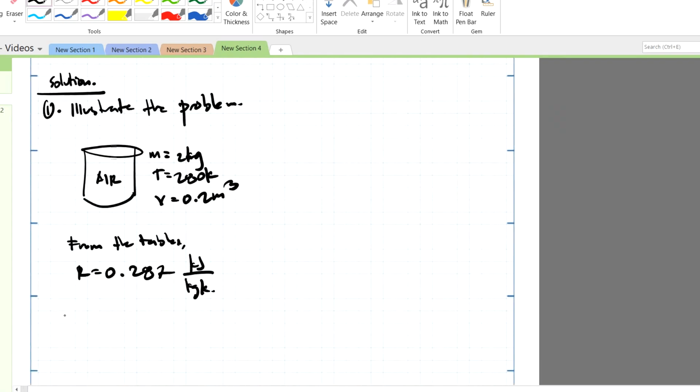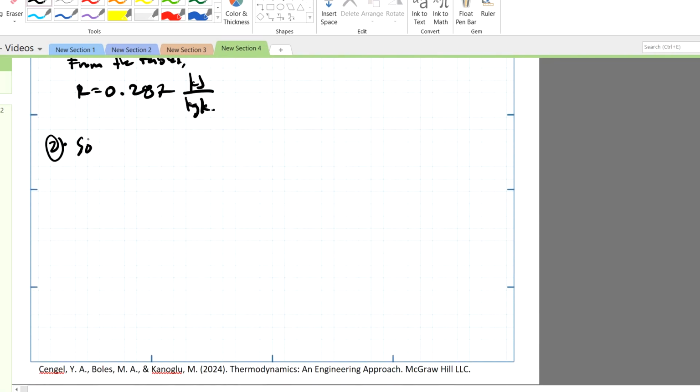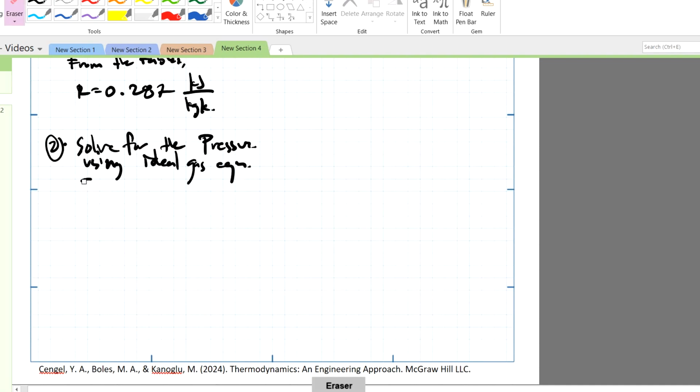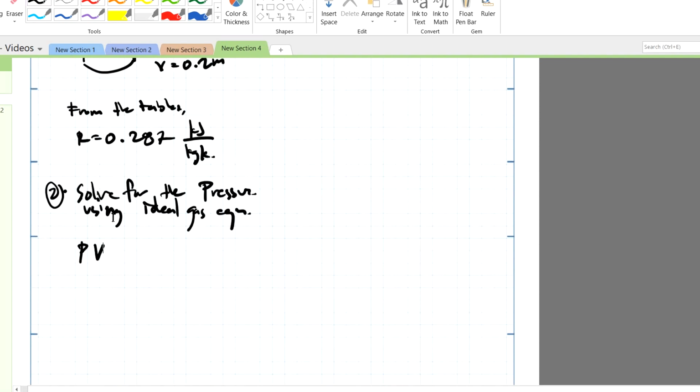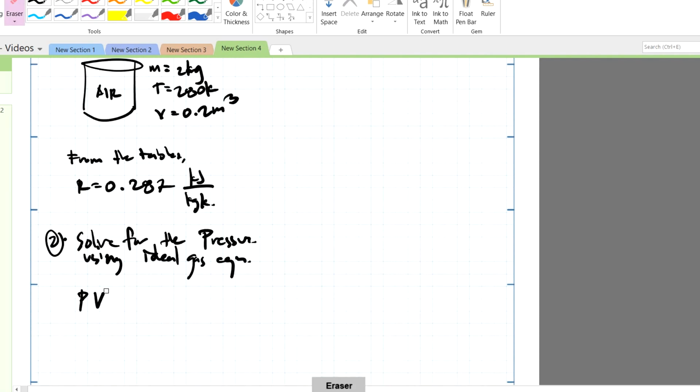Okay, so now let's solve for the pressure. Apply the ideal gas equation, using the total volume: PV is equal to mRT.